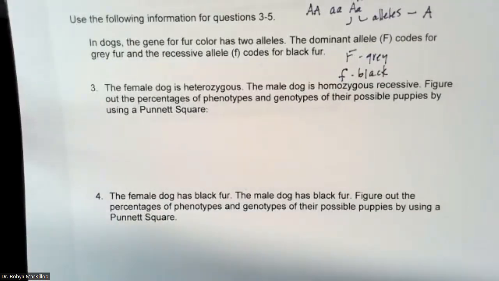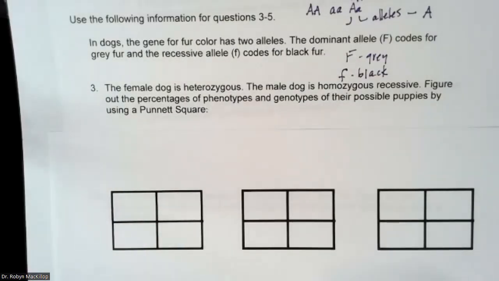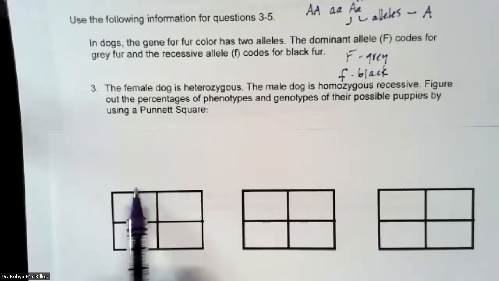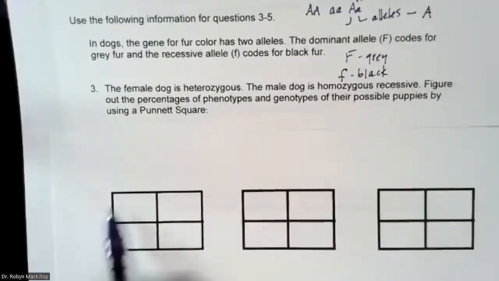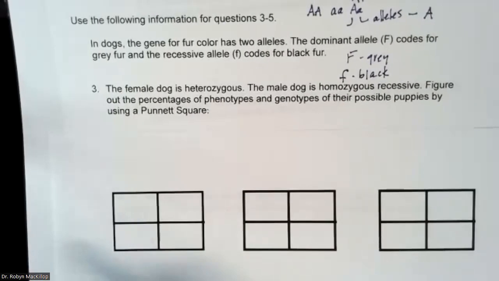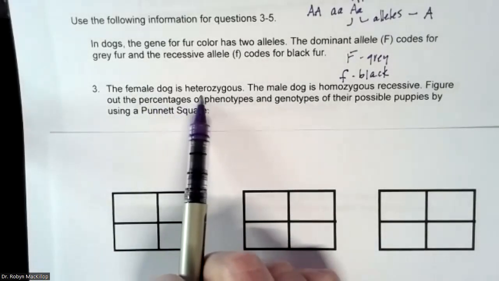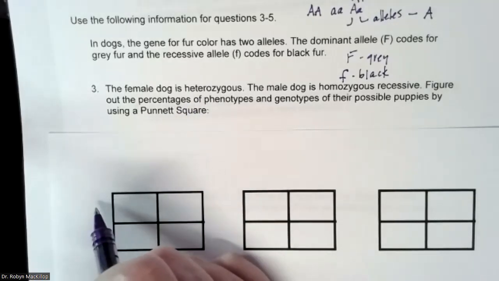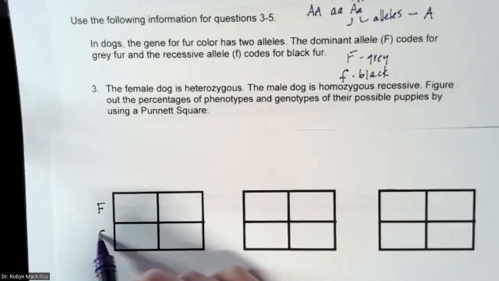All right. So let's do the square itself. When you have a square, you put the male's genotype up here and the female here. So dad, mom, male, female. It's just science, not because one is better than the other. Here we've got a female dog that is heterozygous, so she is big F, little f.